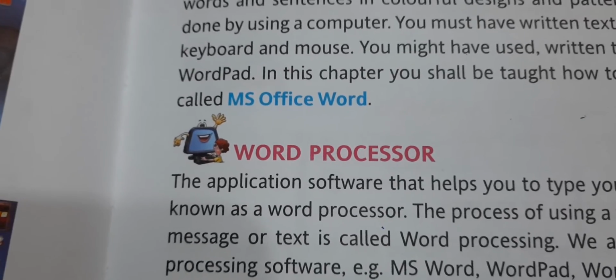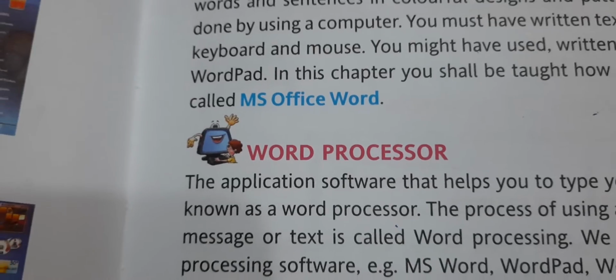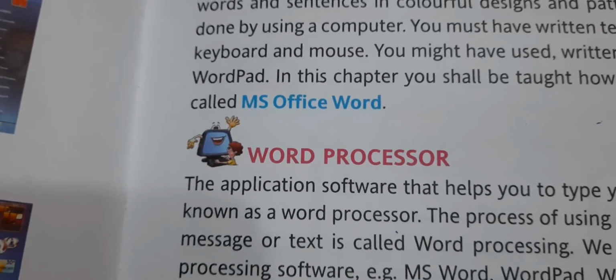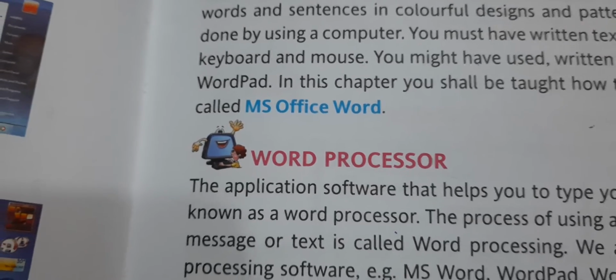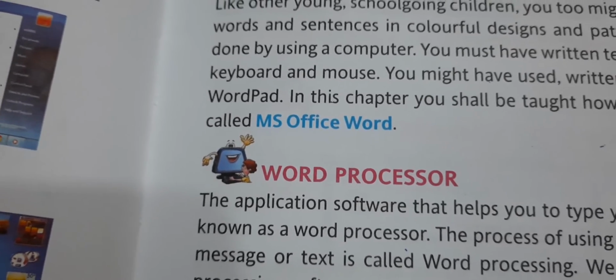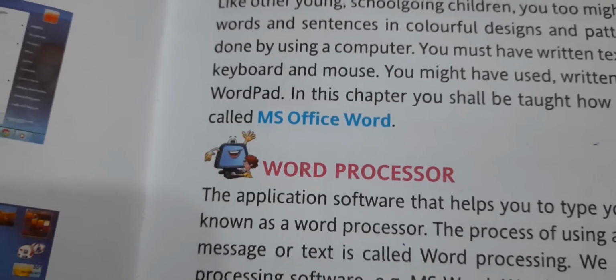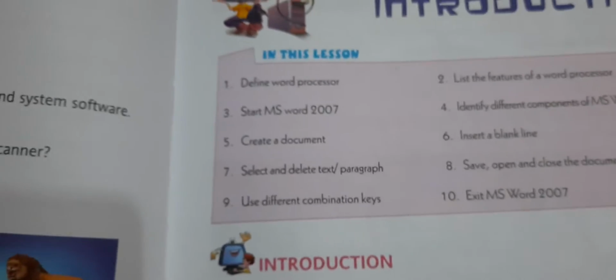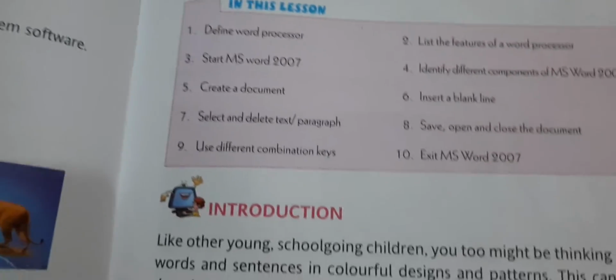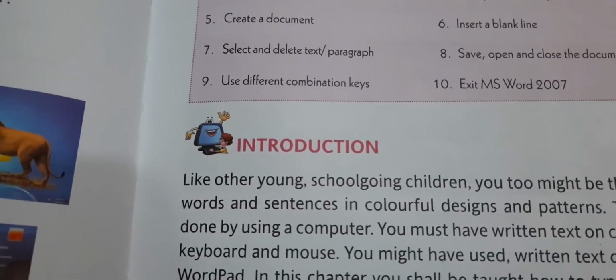Same way, for everything we cannot have just plain text like you are writing in your copies, or your parents must be using pen and writing them in some register or notepad. So we cannot always use plain text. Like if only plain text is written in this book, you will not find it interesting to read.